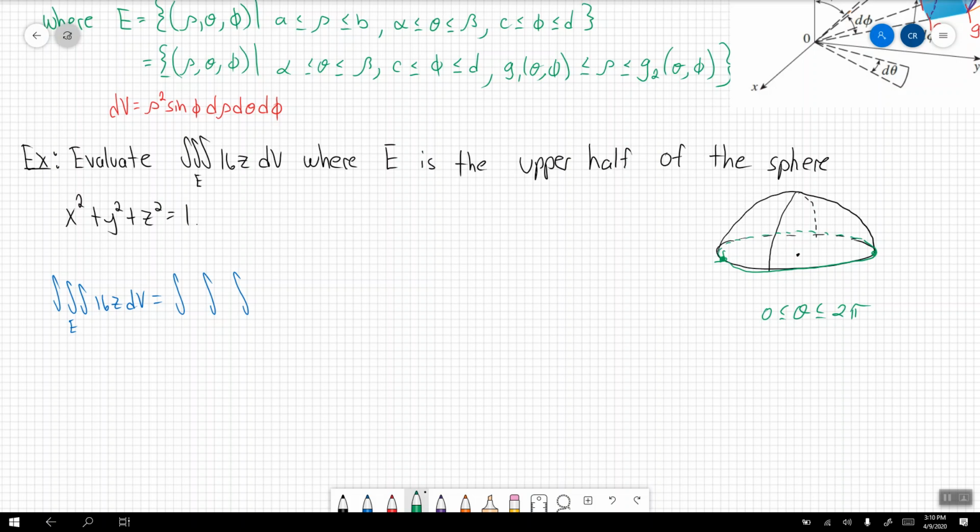Nice. All right, well, what about phi? If you remember, phi is measured from the positive z-axis.